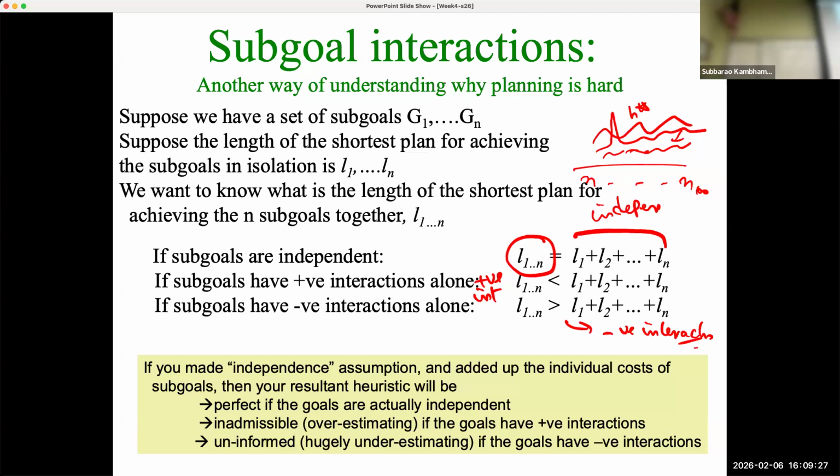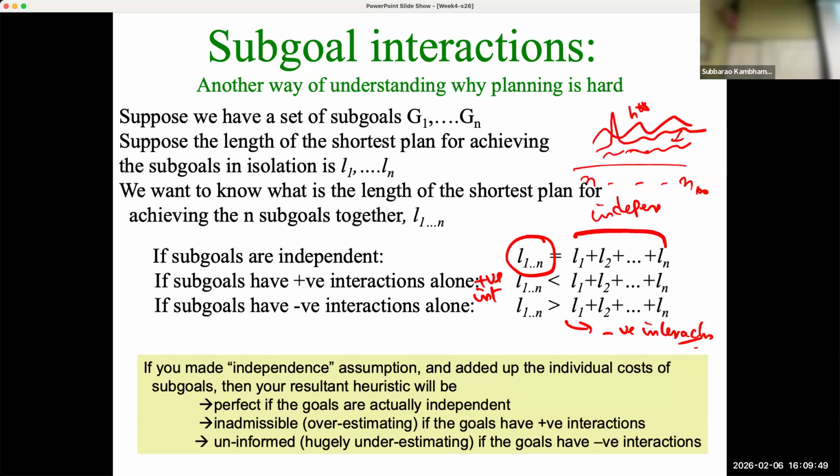One is to go to the airport, the other is to get the Arizona knickknack. But actually, if I need both of them, I can just go to the airport, buy the knickknack, get onto the plane and go. Of course, they'll charge you an arm and a leg because you're buying the knickknack in the airport, but essentially you have reduced one extra step. Those are called positive interactions.